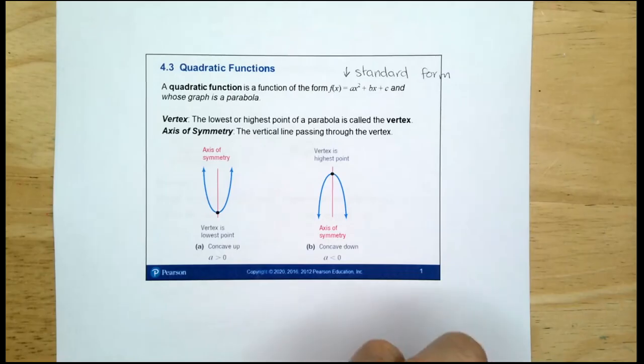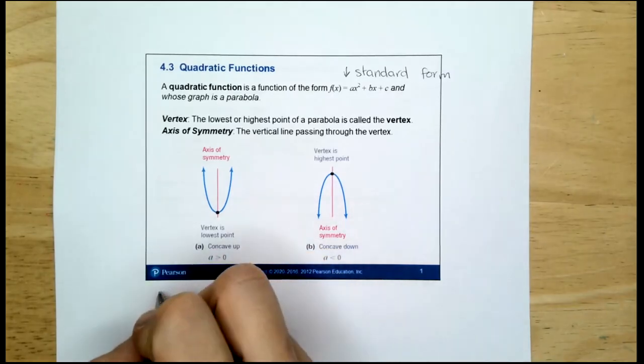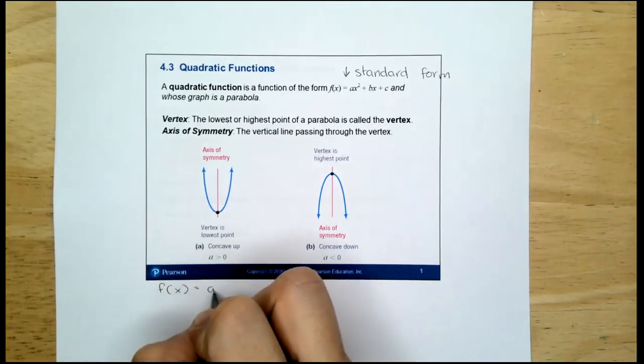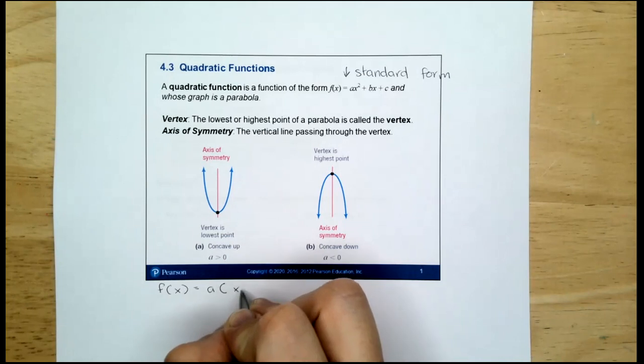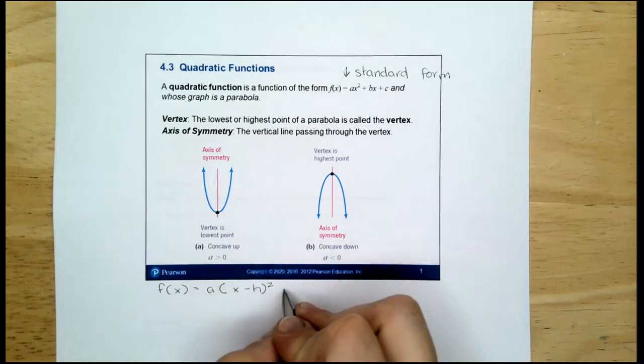We also have the vertex form of a quadratic function. The vertex form looks like this: f of x is equal to a times (x minus h), all quantities squared, plus k.